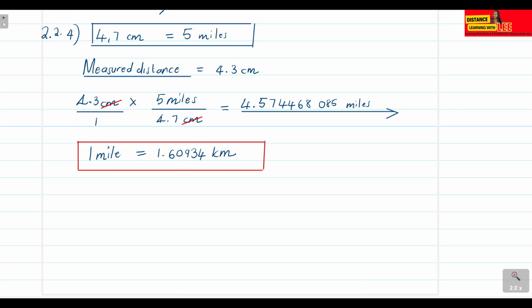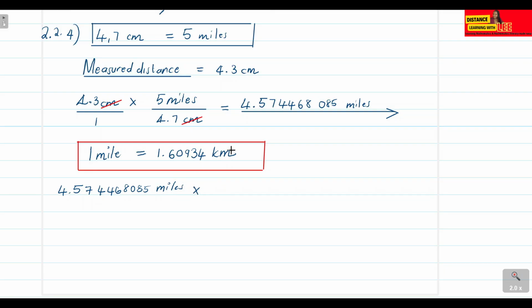Remember, guys, I'm going to round off the final answer for accuracy, because in this question, they didn't say that we need to round off each answer to 2 decimal places. So I'm only going to round off my final answer. I'm going to take that 4.5744680805 miles, and I want to convert that to kilometers.